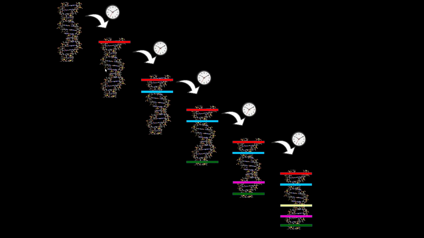The rate of mutation is, I'm lying to you, but let's imagine that it is nearly linear. It's a lie, okay? But we will talk about it later. So we can imagine that DNA mutates at a constant rate. We will dig into this concept, but just for a minute, bear with me.